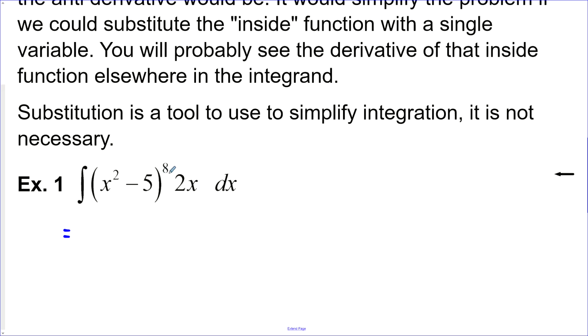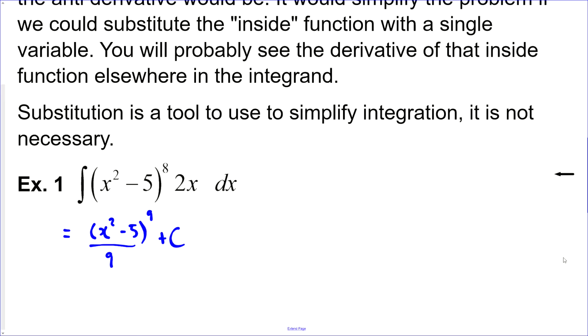This probably was 9 before, and I don't see a 9 here. So I'll put a 9 in the denominator to cancel out that 9 that I know is coming down from the exponent. We take the derivative of the inside and that would give me 2x, and that's exactly where this came from. And since it's an indefinite integral, I'll need a plus c.